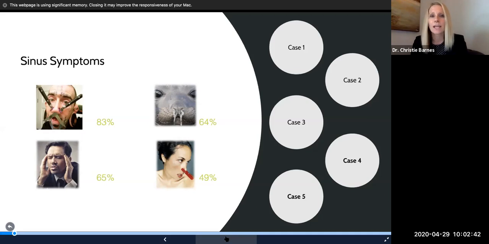It's why these symptoms overlap with other diseases such as allergy, migraine, autoimmune diseases, and malignancies. We need to consider all the factors and utilize other tools in our toolbox. For otolaryngologists, that's our nasal endoscopy and our CT scan. Extremely crucial. So I'm going to start us off with a case.